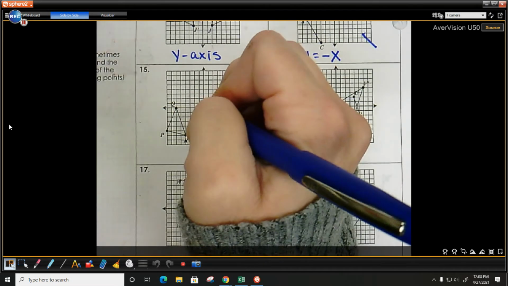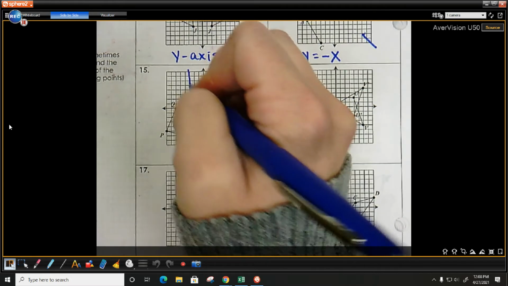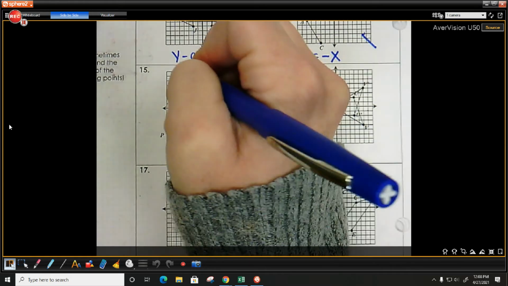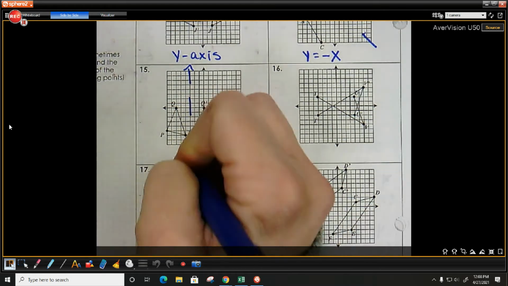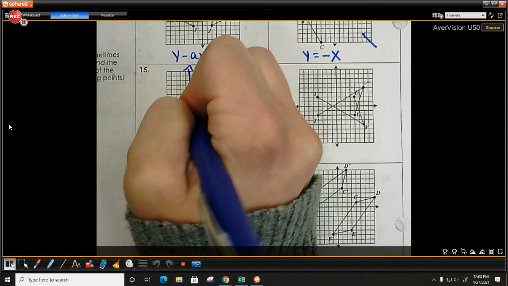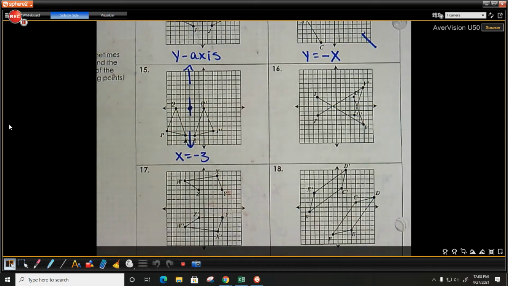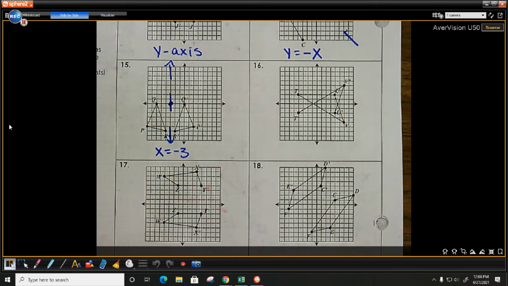So it's a vertical line. Vertical lines are x equals, where does it hit the x-axis? -3. Okay, what about 16? 16 looks kind of tricky because it's like reflected on each other. It's just the x-axis, guys.